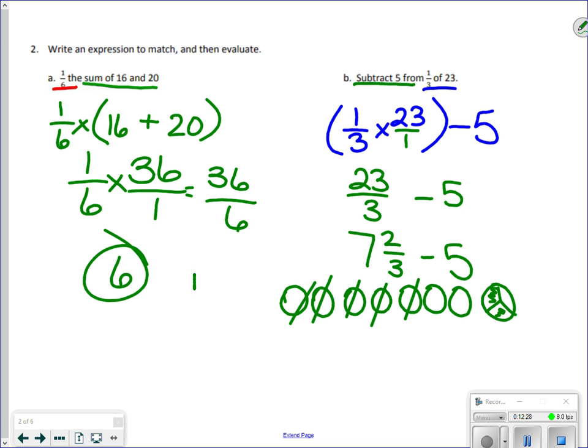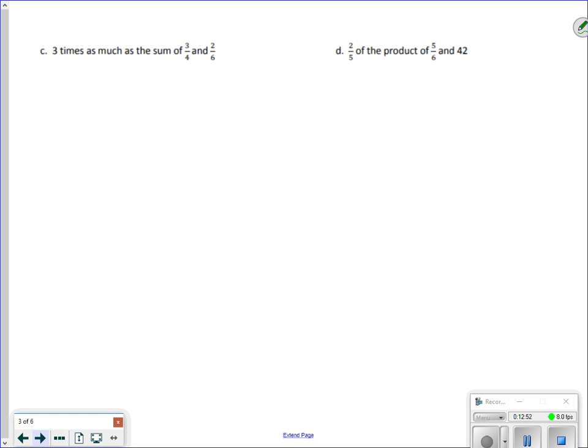If I had 10 minus 7 2/3, that's when you can't do it. That's when you have to take a pizza and slice it. When it's in the back, take 5 pizzas, have a ball. Now I've only got 2 and still got 2/3 that no one wants. See? Okay. All right. See if you can write the expression this time for C and D.